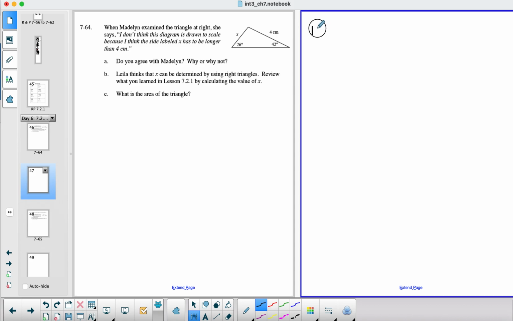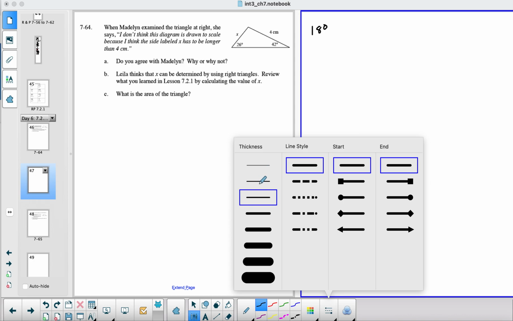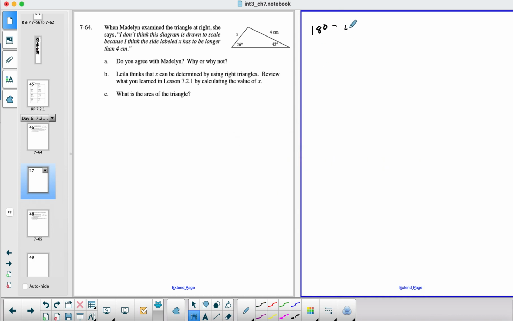So we have 180 minus 42 minus 26, which is 42. Should be 112.